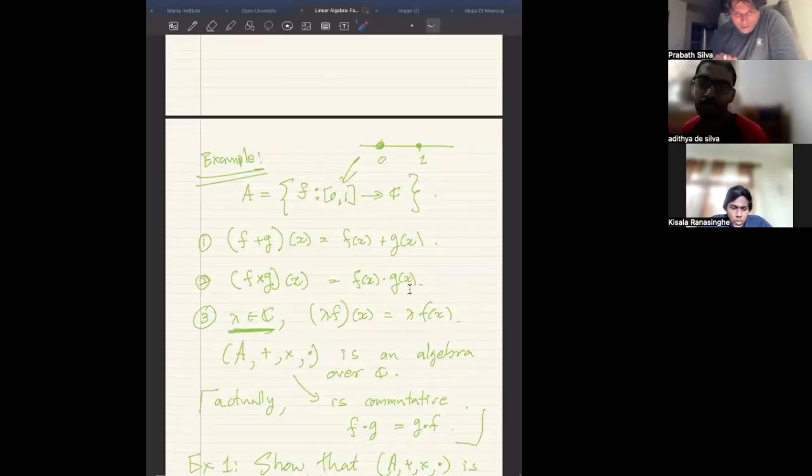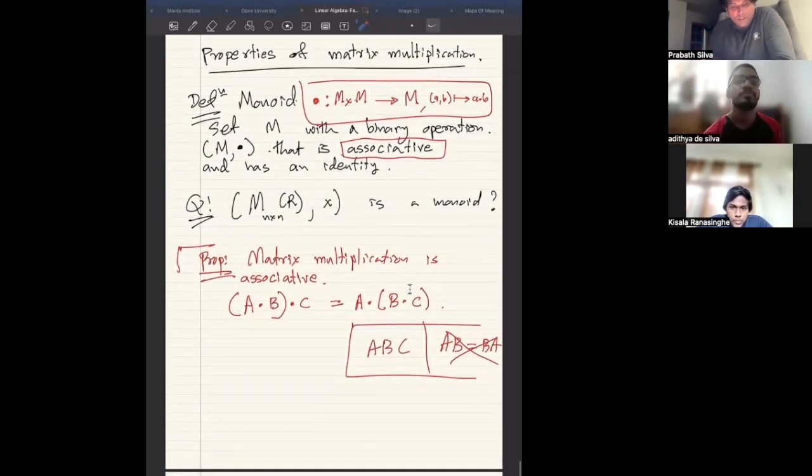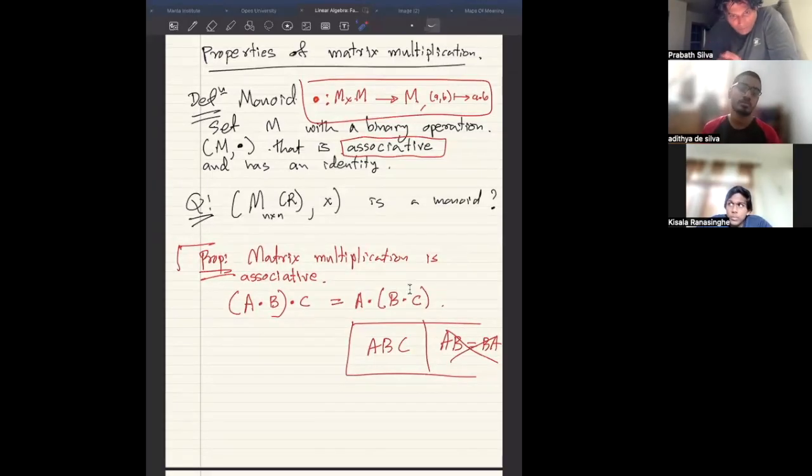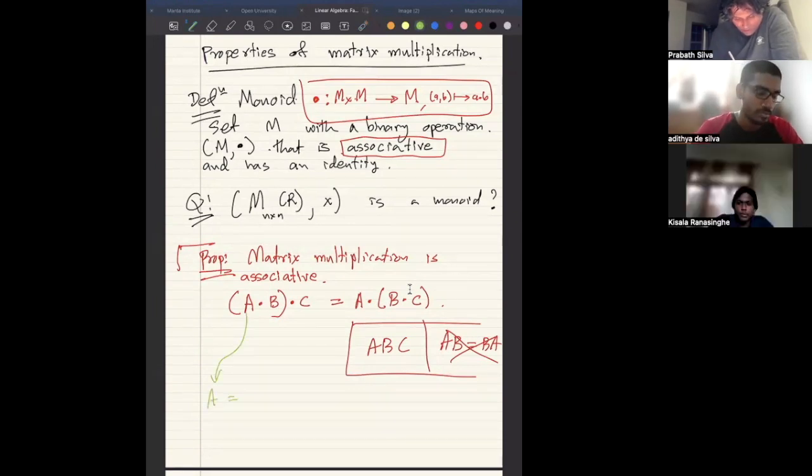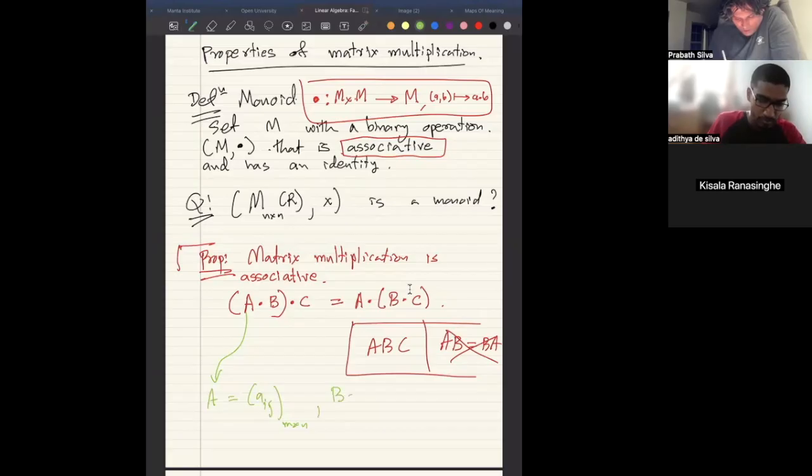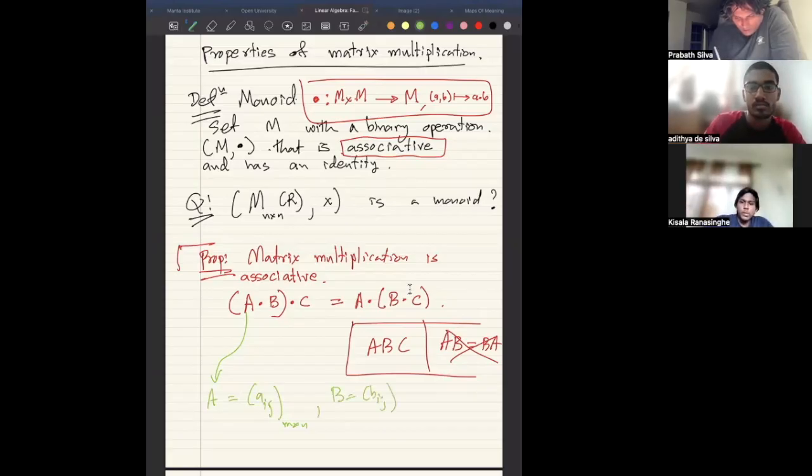Okay. Now let's go back here. So the proposition is matrix multiplication is associative. So in here, let's say A is a matrix A_ij, m by n. B is a matrix B_ij, n by p, and C is a matrix C_ij, p by q. Okay.